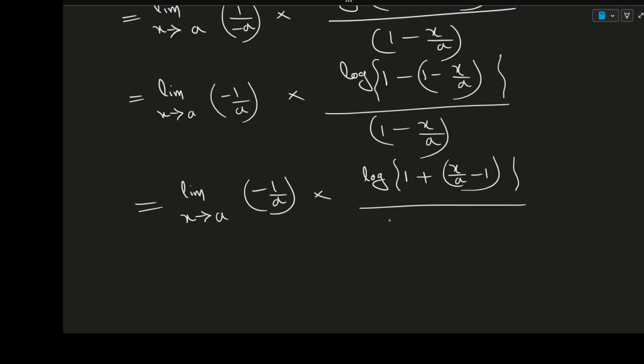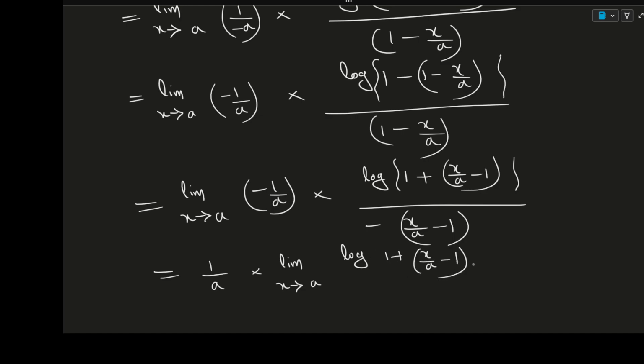In the denominator I will take minus common outside, then it will be x by a minus 1. Then I will take minus 1 by a into minus 1, it will be 1 by a outside. So it will be the limit as x tends to a of log of 1 plus (x by a minus 1) divided by x by a minus 1.